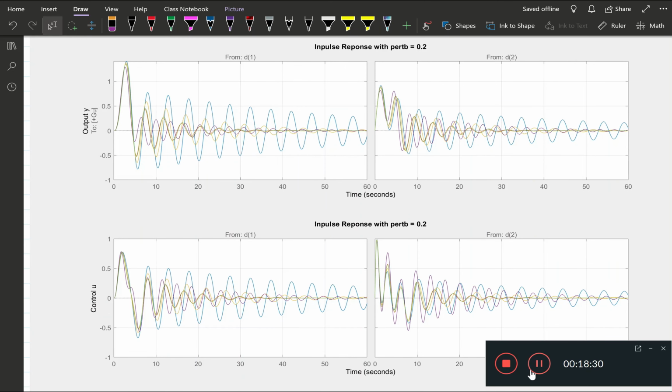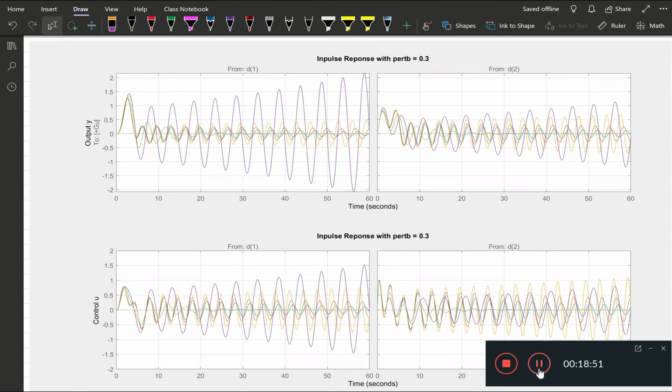These are now results with a perturbation of 0.2, still with the nominal controller that we designed. Here you see that clearly for some values of spring stiffness K, the performance is really poor with the nominal controller. Now with a perturbation of 0.3, you see that the nominal controller is no more able to stabilize some trajectories.